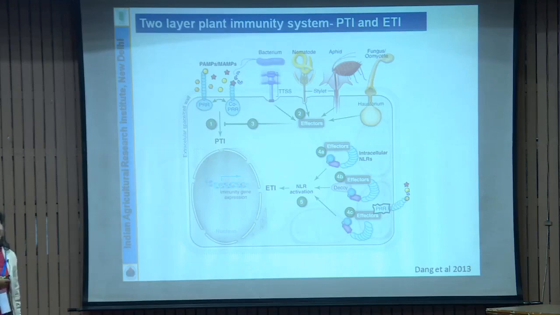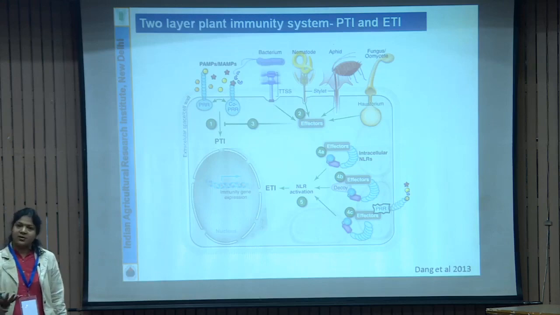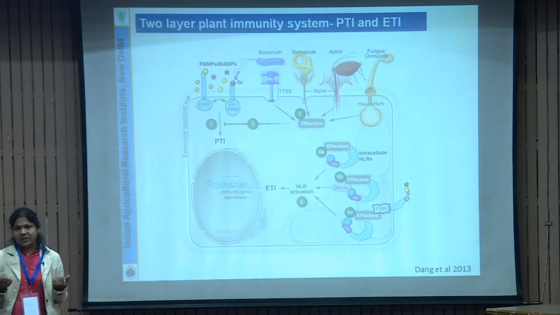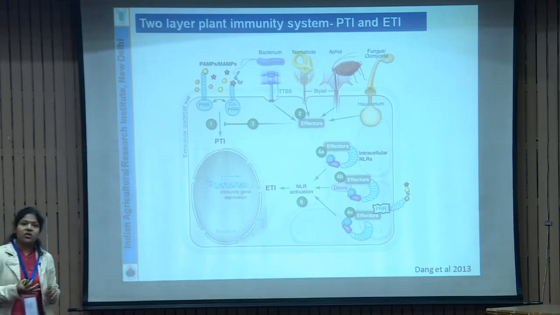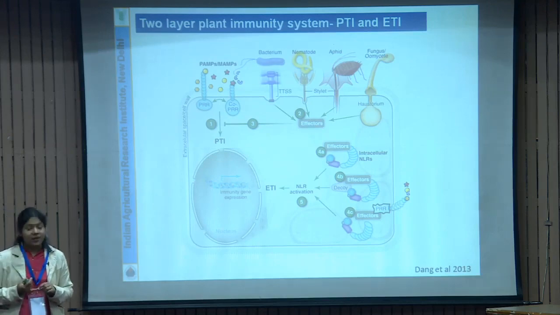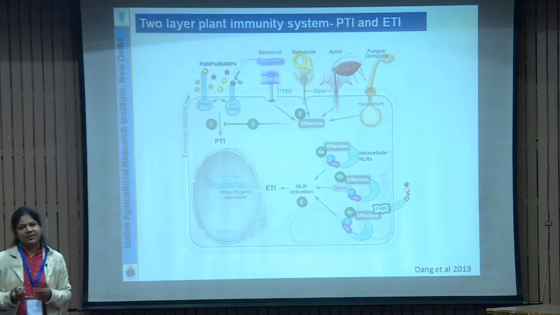Now, epigenetics plays a role here. Whenever PTI or ETI kind of immunity happens in plants, a number of genes get activated or suppressed, and those which were leading to susceptibility get suppressed, and as a result the plant is able to respond to the pathogen. The activation or suppression of these genes is controlled by various epigenetic factors.